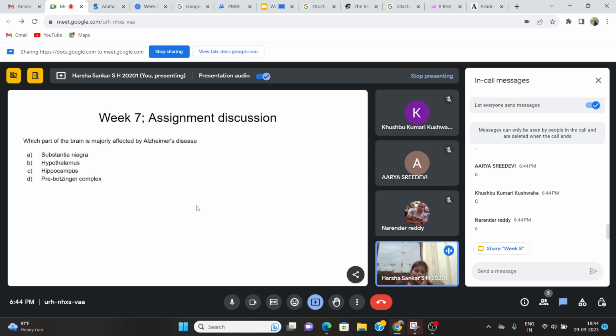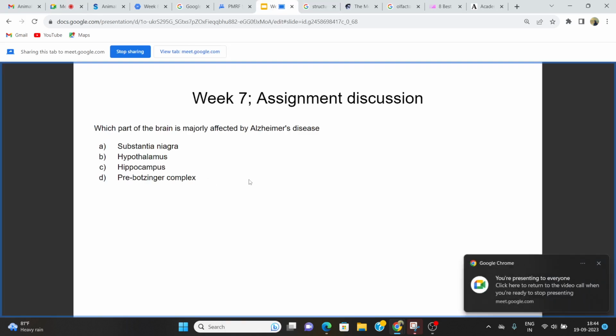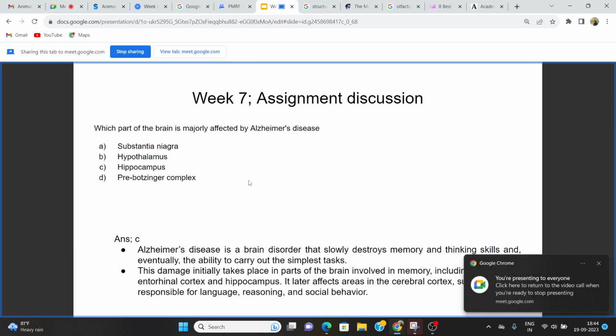Yeah, correct is hippocampus. In Alzheimer's disease, people will start losing memory, right? So the neurons present in that particular area will start dying off. So which is the memory center? That is definitely hippocampus. So option C is the correct answer. Hippocampus, right?